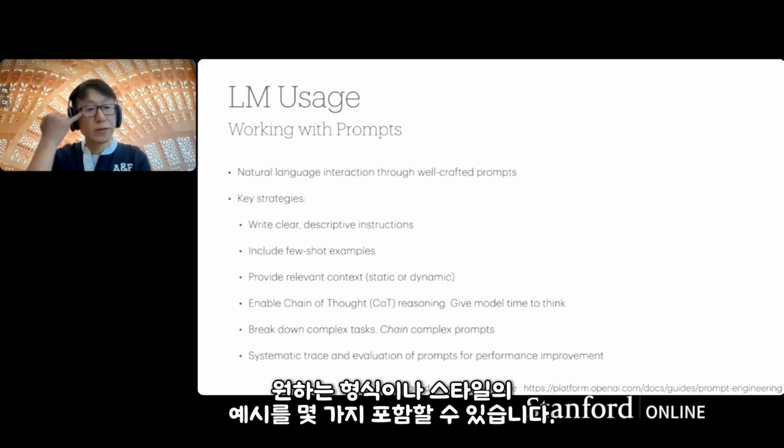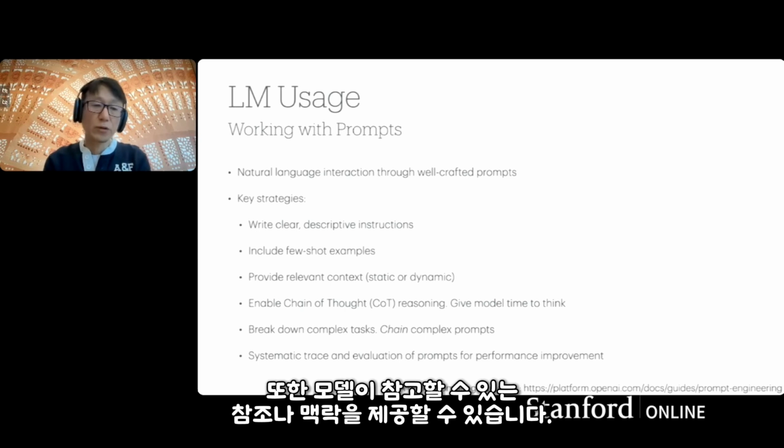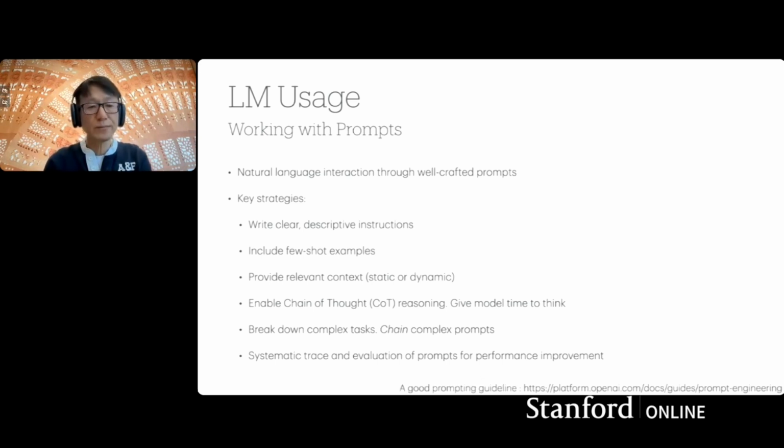And you could include a couple of examples in the form that you want to see, as in the style or form, and also you could provide references or context, such that the model relies on that context that you provide.